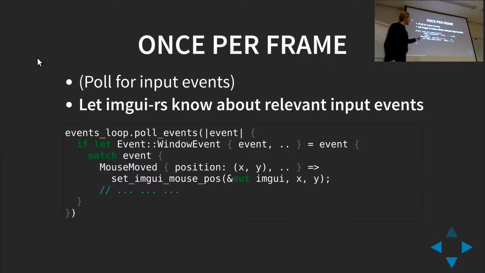But in this case, we just extract the current mouse position from the mouse moved event, and then we set some IMGUI state. I'm using a helper function here that's not shown, but it's very simple. So on each frame, you need to let IMGUI know about what's happening with the mouse, what's happening with the keyboard. Those are pretty much needed for the user interface.